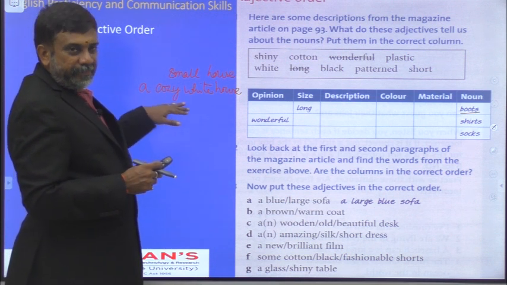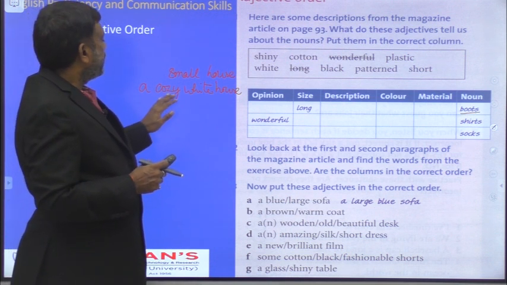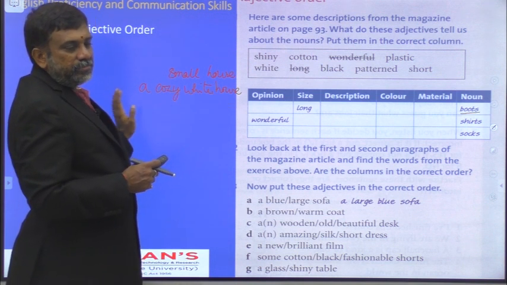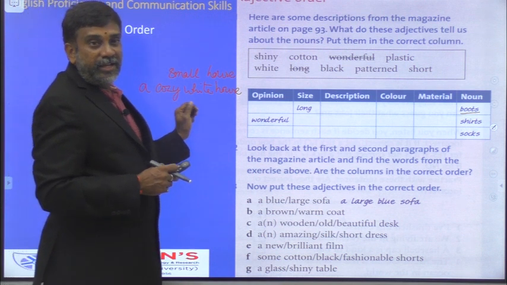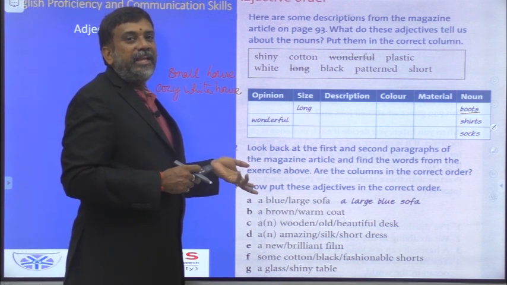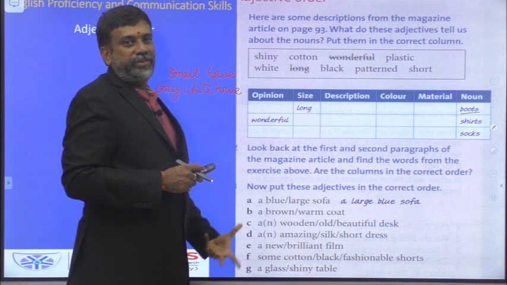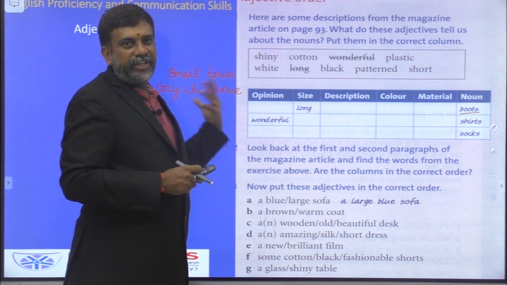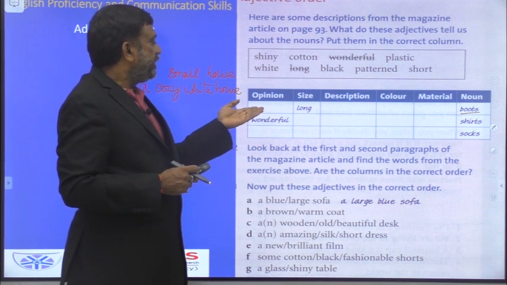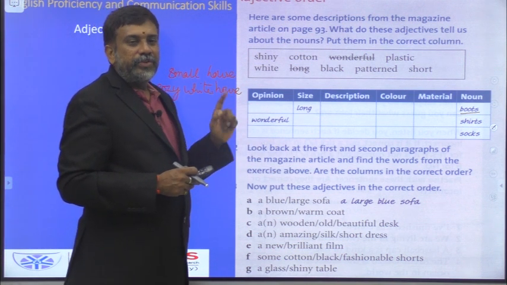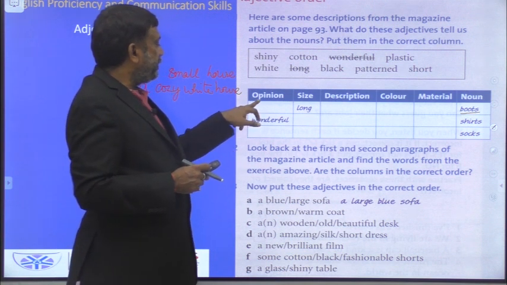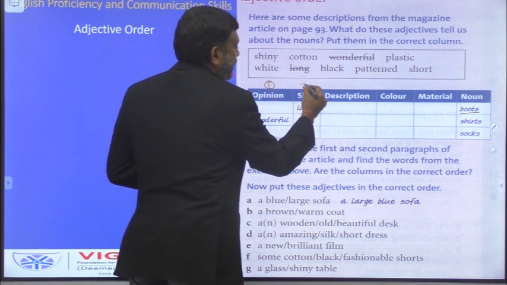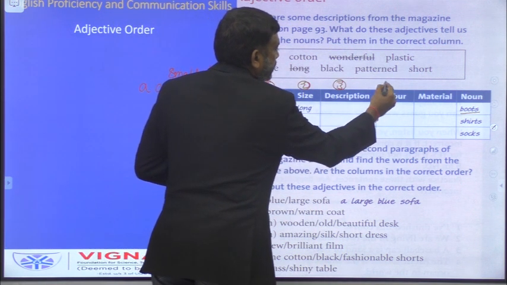So that is why I have a small or a cozy white house. Like that we are going to use more. Suppose today I saw a beautiful, elegant, beautifully dressed girl at the main gate. So these are the ways that we use the cluster of adjectives. So here, whenever we use a cluster of adjectives, we need to tell our opinion first, and after that size. Third one is description.